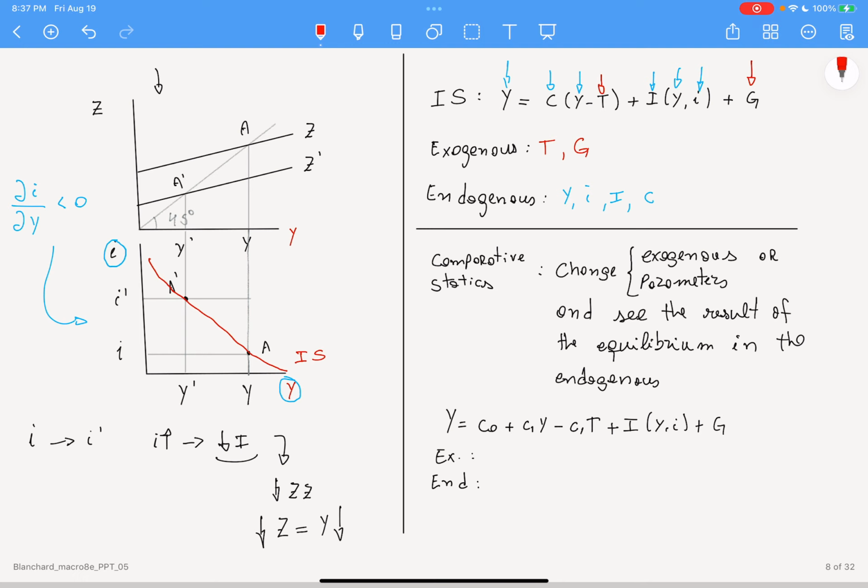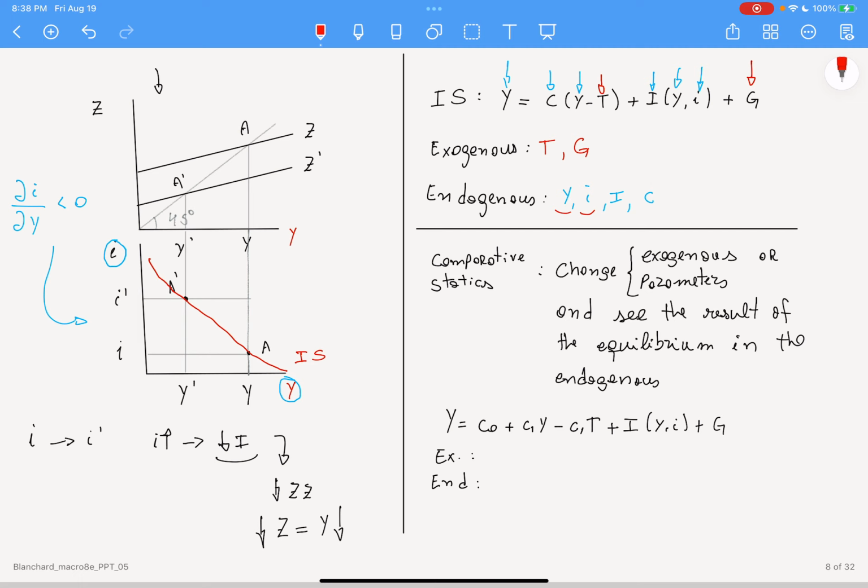So if I change either T or G, using this IS curve, what happens with Y and I? And therefore, this is going to define what happens with I and C, right?